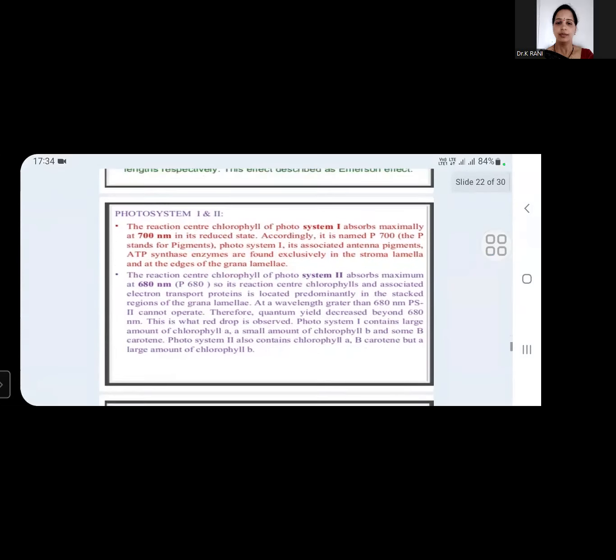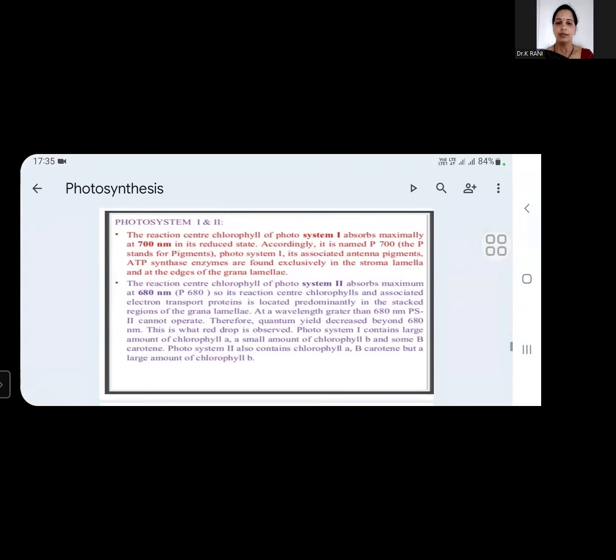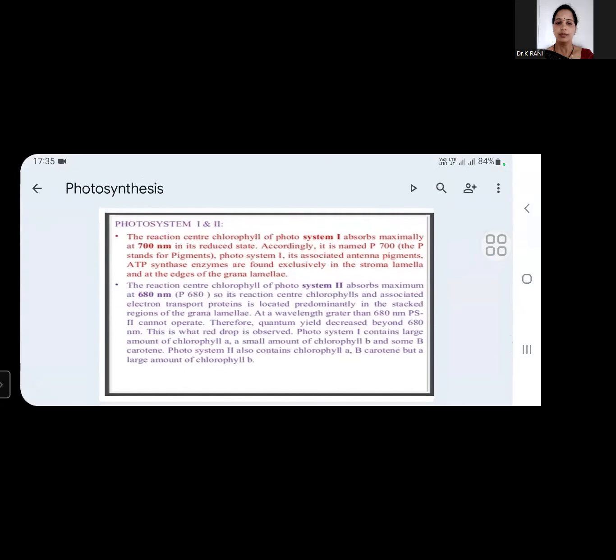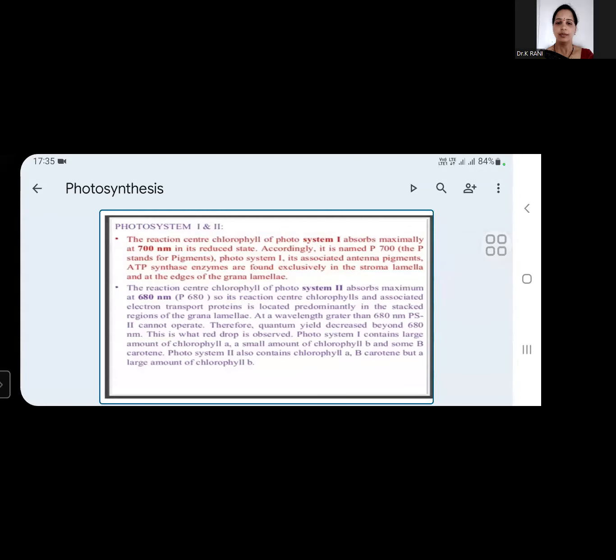Photosystem 1 and 2. So the light reaction, Hill reaction. The reaction center chlorophyll of photosystem 2 absorbs maximally at 680 nanometers. The reaction center of PS2 is at 680 nanometers. Its reaction center chlorophylls and associated electron transport proteins are located predominantly in the stacked regions of the grana lamellae.